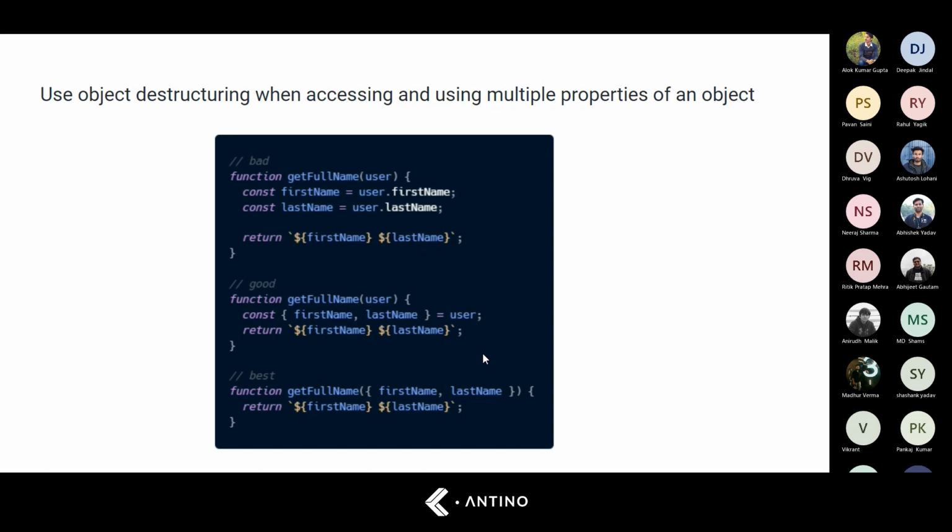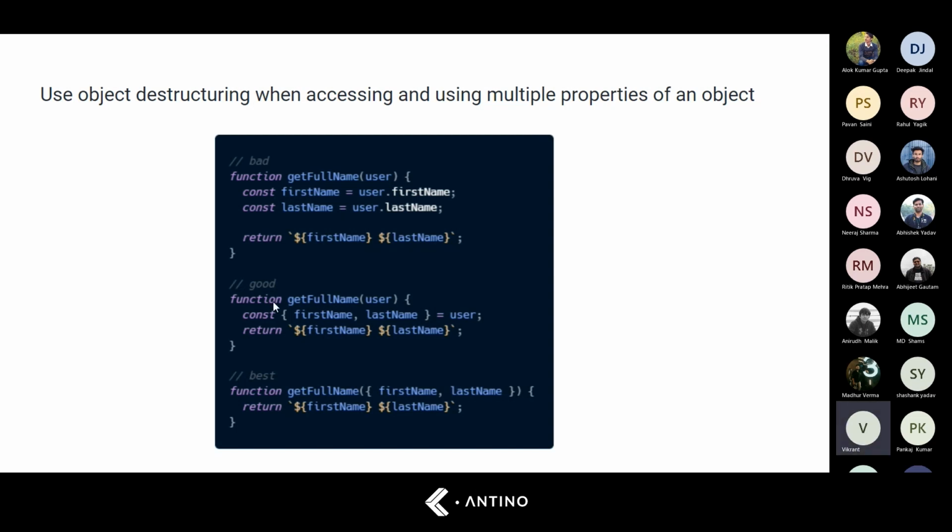We are using an array like const first name, last name is equal to user, right? But here we are not using it like that, we are directly not using the user's value. I want to say, if there is a large number of users, how should I write it?